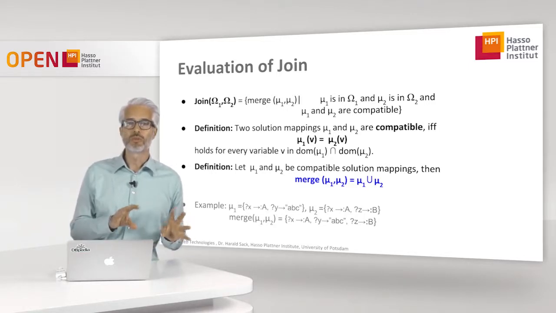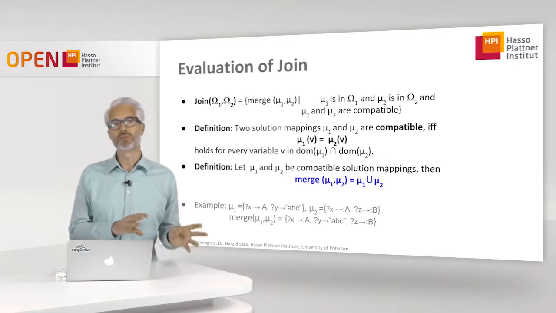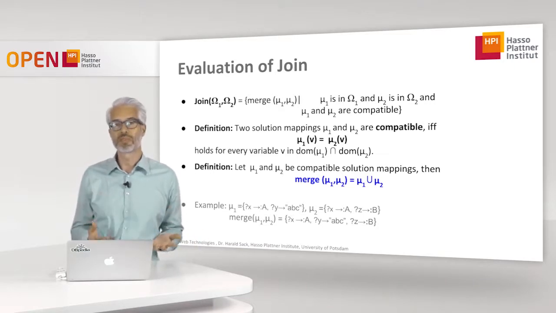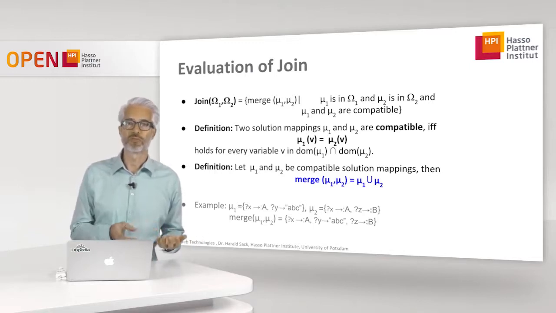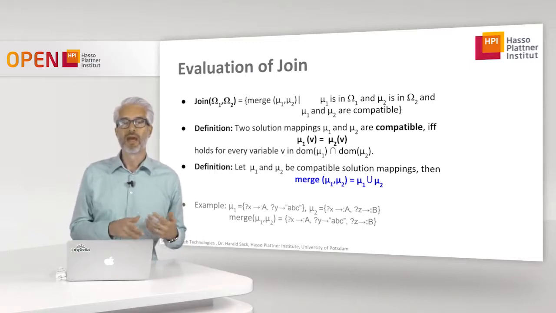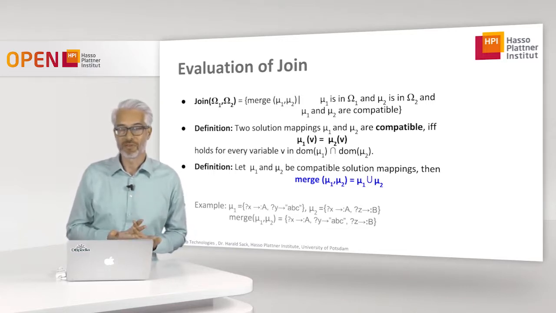Two solution mappings, mu1 and mu2, are only compatible if it holds for every variable in the domain of both mu1 and mu2 that they compute the same value.